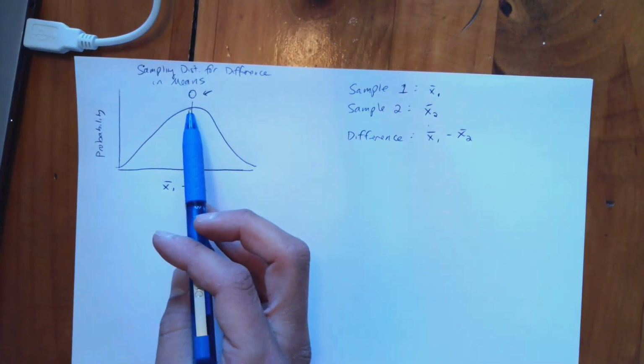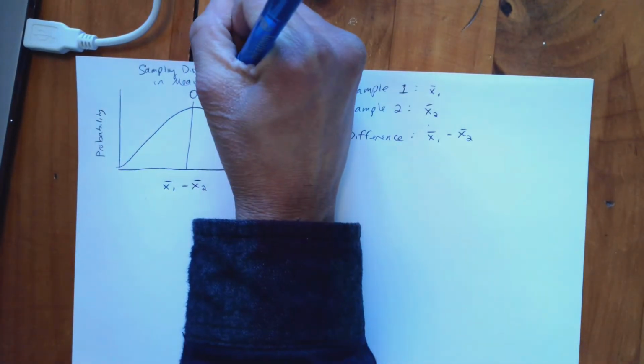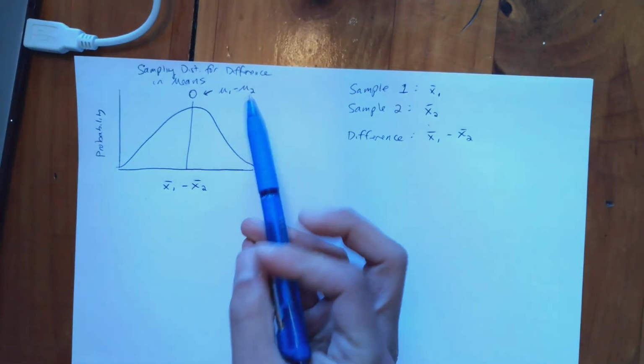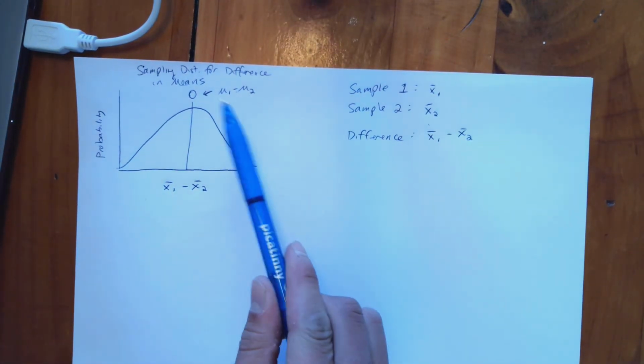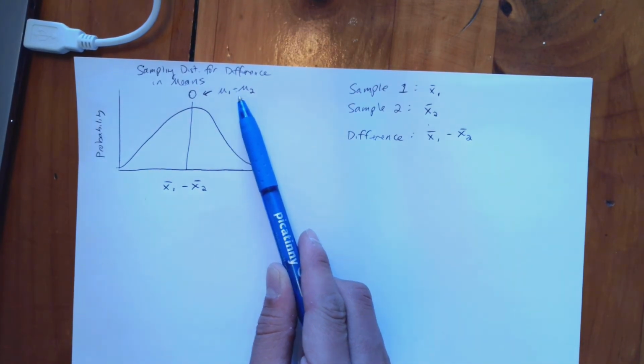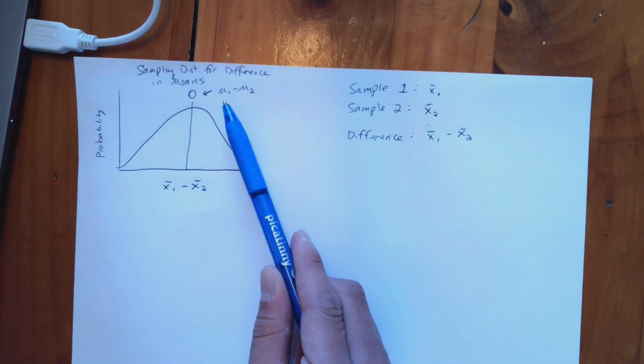Because we're always going to be looking at a world described by the null hypothesis in which the two groups we're looking at have the same mean, and therefore have the same difference in means. So you could also refer to this as mu1 minus mu2. So you're saying in the population, your population mean for one group minus your population mean for another group comes out to 0 because they're the same.